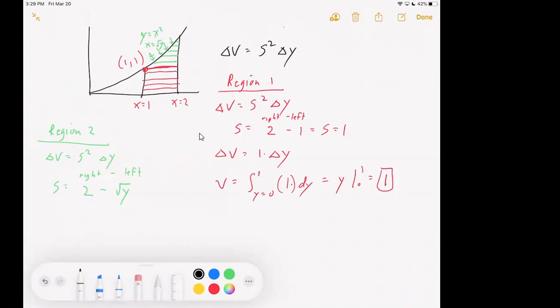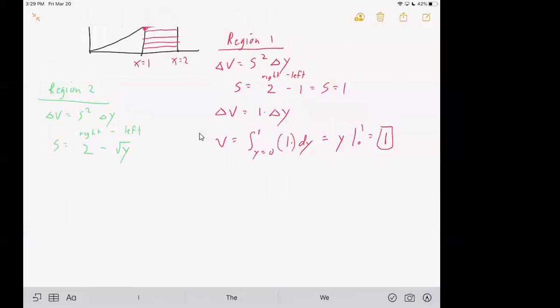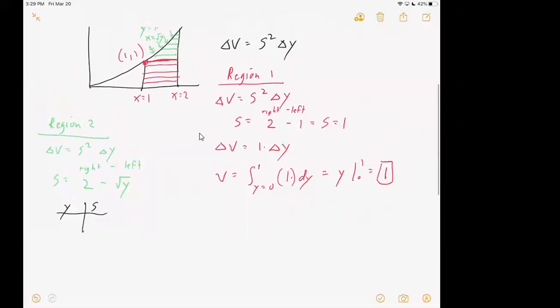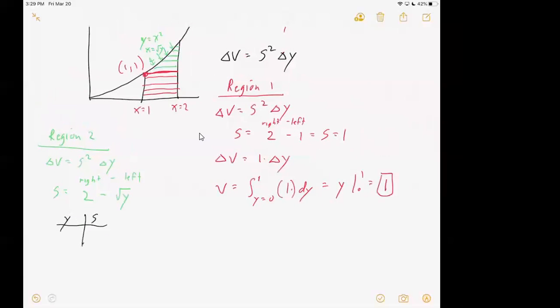So let's put in a couple y values and some s values just to make sure that this is working out. So when y is 1, that would be the bottom of the green region, we end up with an s value of 2 minus 1, which is 1.